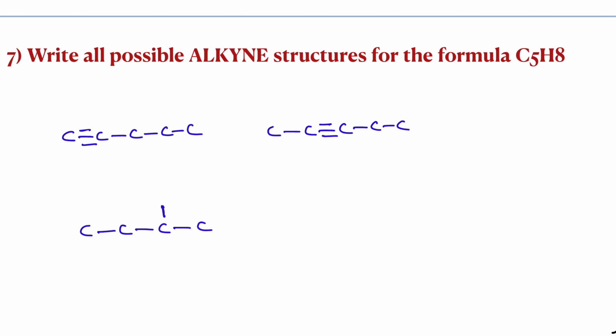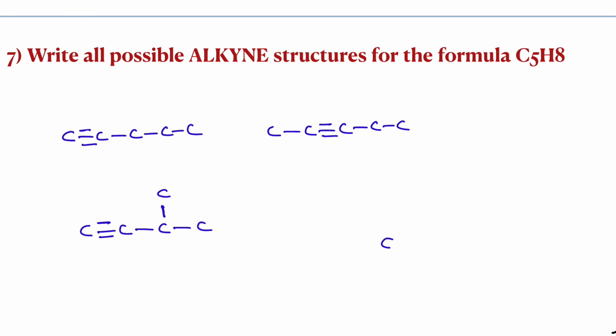One substituent should be here only. You cannot write a triple bond here because this carbon already has 3 bonds. So we cannot write a triple bond here. The only option, you can write a triple bond here like this, and there is no other 4 carbon chain.